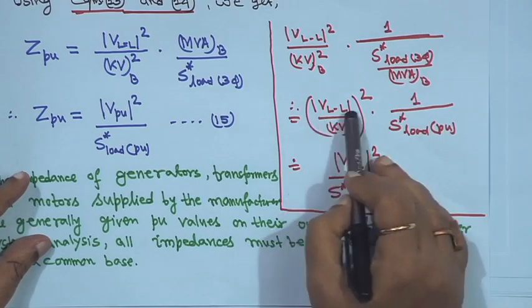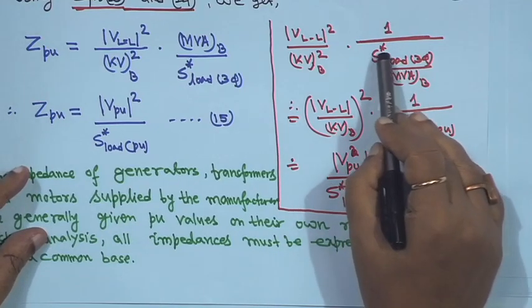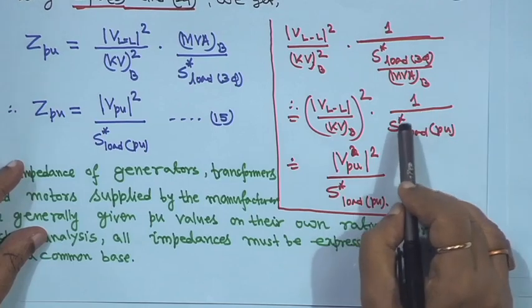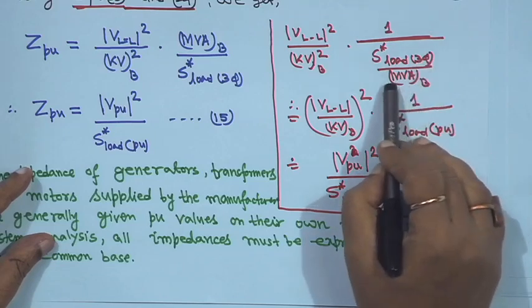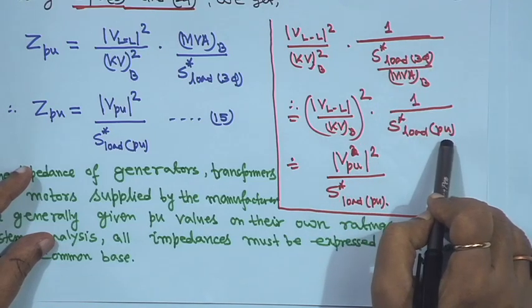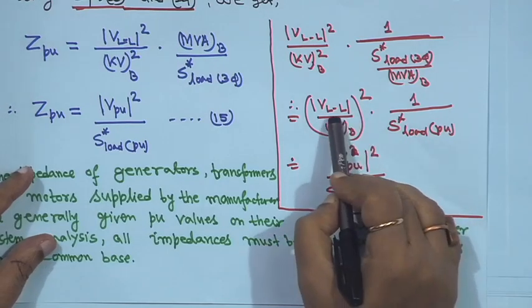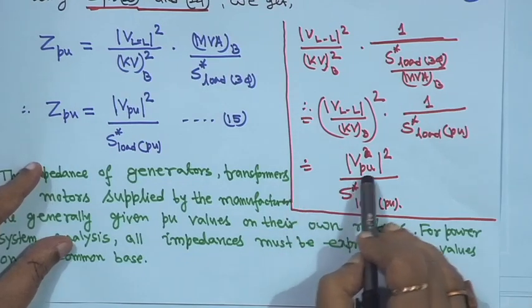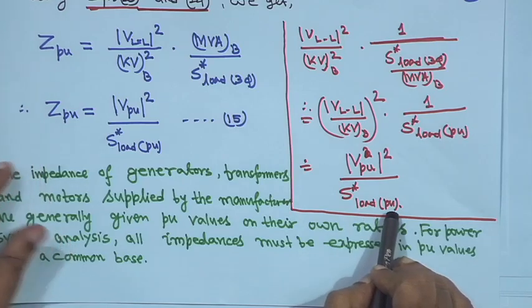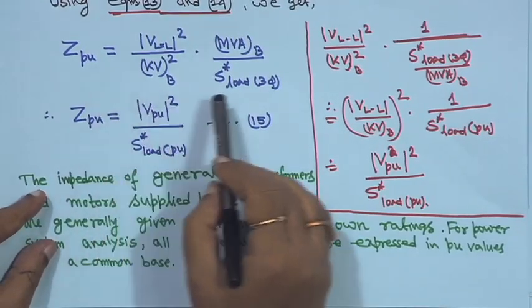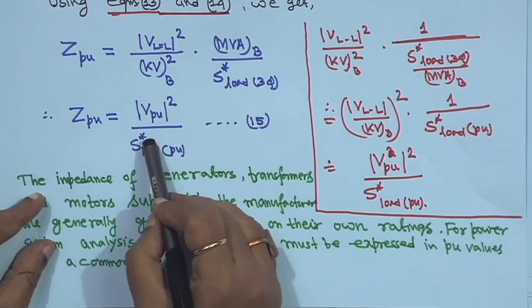So, in bracket we are writing line to line voltage magnitude on KVB whole square, into S conjugate load 3 phase by MVA base, that means S conjugate load per unit. No question of 3 phase now, because this part is divided by the base, that is why it is per unit, and this V line to line voltage by KV base is also VPU. So, we are writing magnitude VPU square upon S conjugate load per unit power. That is why ZPU is equal to VPU square by S conjugate load PU.